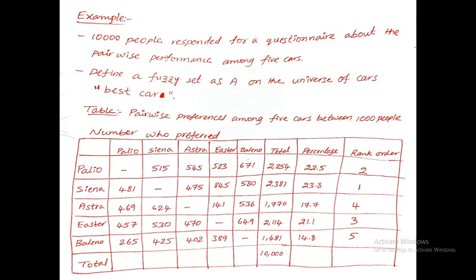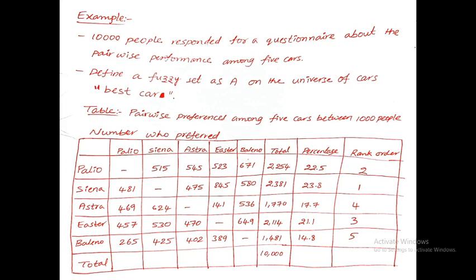This table shows the pairwise preferences among the 5 cars by the 10,000 people. The car models considered here are Palio, Sina, Astra, Easter, Baleno.